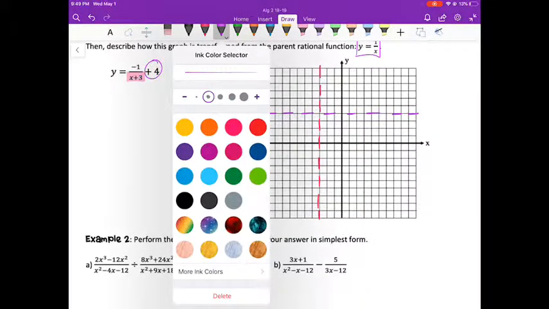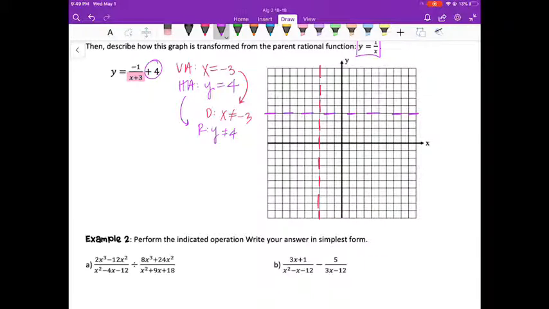And now we can think about what points we want to plot. Well, if we consider our vertical asymptote, we want to pick x coordinates to the left and to the right of that. Now, if you're savvy with picking out quote unquote nice numbers to plug in, like it would give you a nice number in your denominator, great, do it. If not, just go ahead and plug in numbers to the left and to the right, and don't worry about what sort of numbers it's going to spit out.